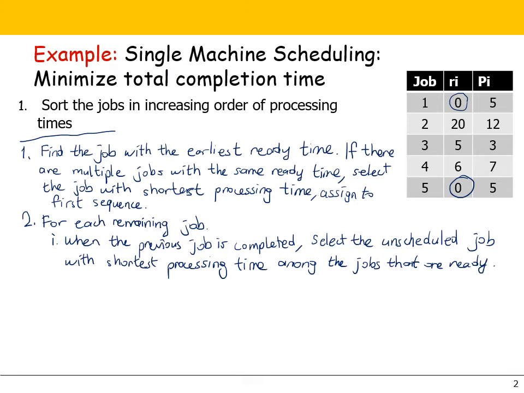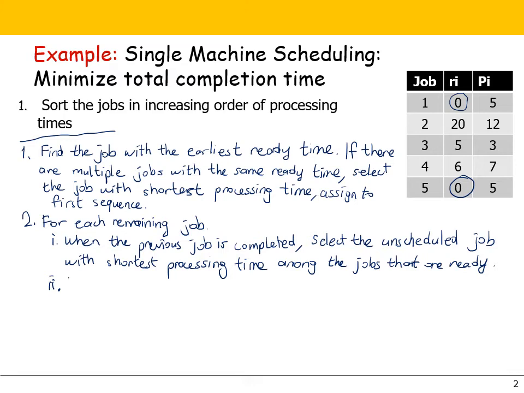We may include some more details here, because when a job is completed, maybe there are no ready jobs at that time, but still there are some unscheduled jobs. So it may be the case that they will arrive later on.